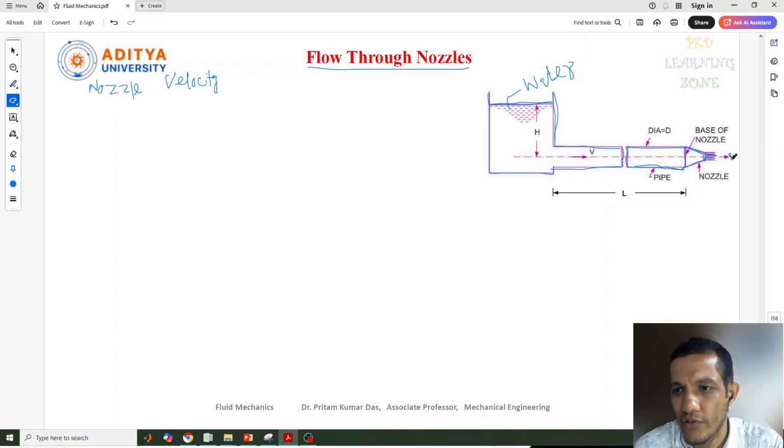This is the velocity, small v, of the fluid coming out from this tank. Suppose this is the reservoir, or a tank, which we have considered here.